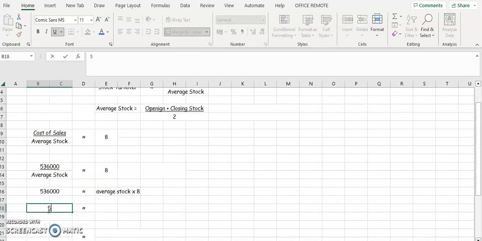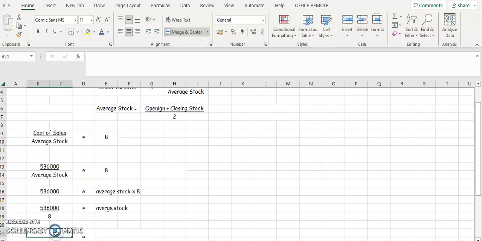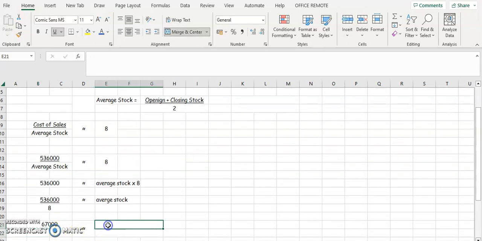We get 536,000 divided by 8, which is equal to your average stock. So 67,000 is equal to average stock.